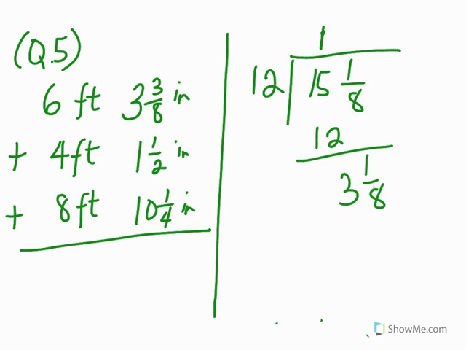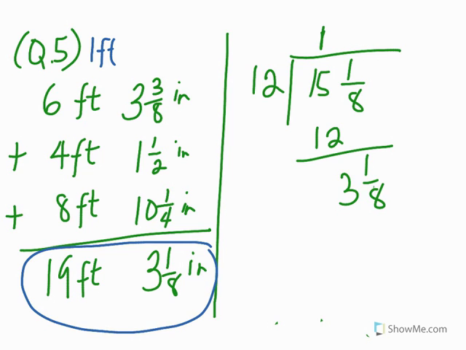Okay, so the quotient becomes the feet, right? And the remainder 3 1/8 becomes the inches, and we have 1 foot here. Which we now add: 1 plus 6 is 7, plus 4 is 11, plus 8 is 19. So our answer becomes 19 feet 3 1/8 inches.